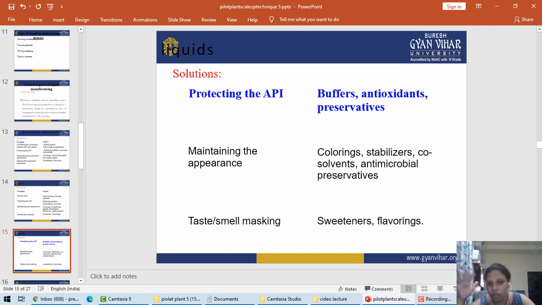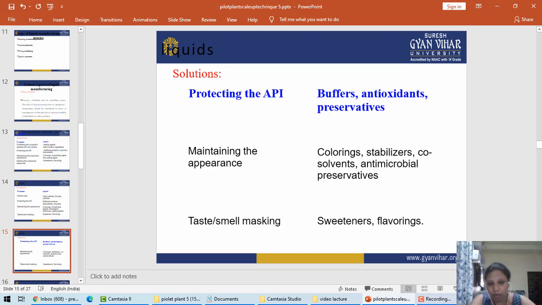Because solution is a very basic formulation, no such specific ingredients are used here. Just buffers, antioxidants and preservatives are used to protect the APIs and the excipients also. For the maintenance of appearance, coloring, stabilizers, co-solvents, antimicrobials and preservatives are used.